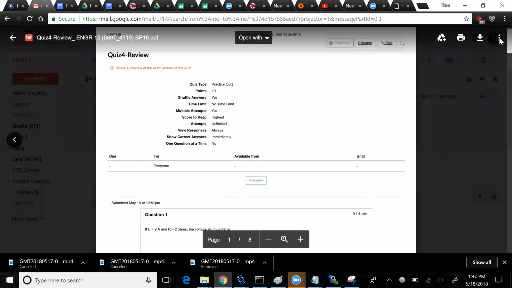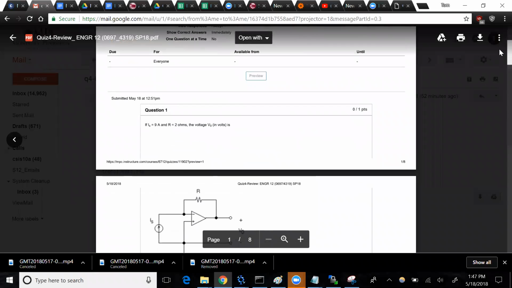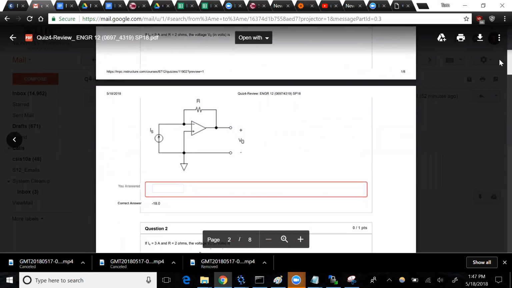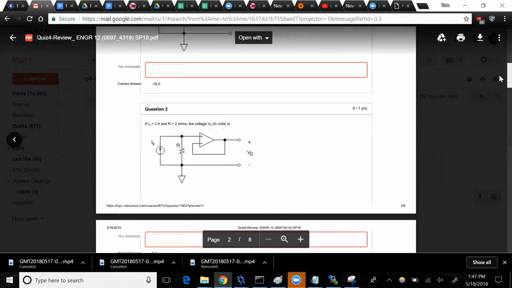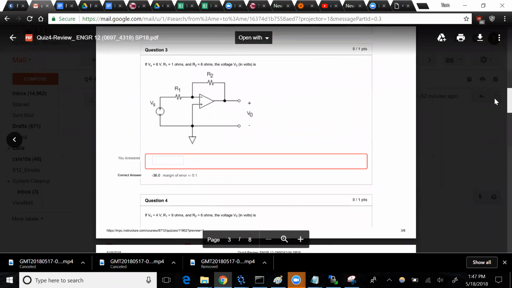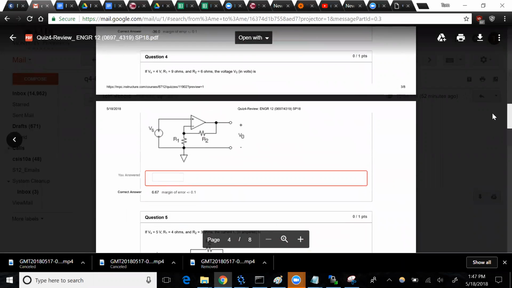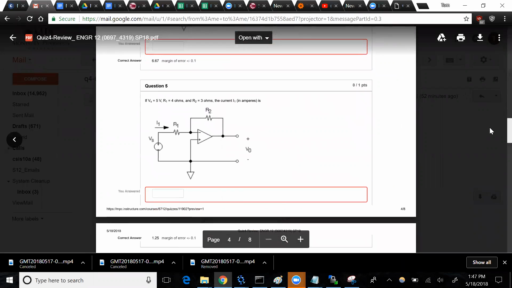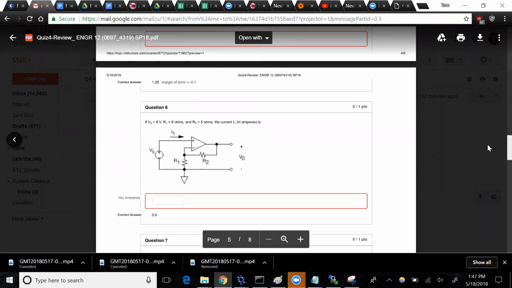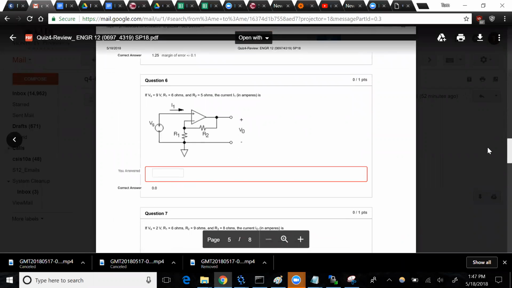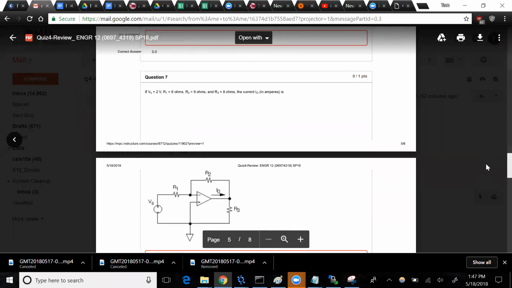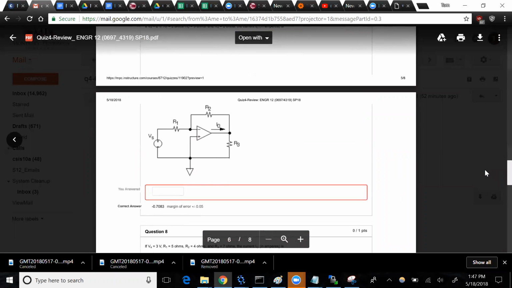So question 4, quiz 4 review. Number 1 is minus 18. Number 2 is 6. 3 is minus 36. 4 is 6.67. 5 is 1.25. 6 is 0. 7 is minus 0.7083.